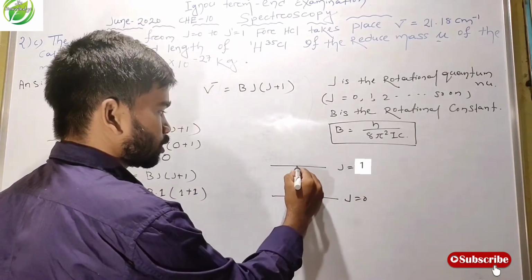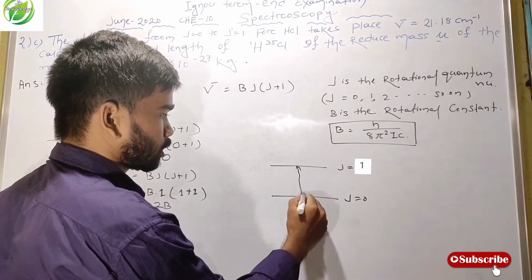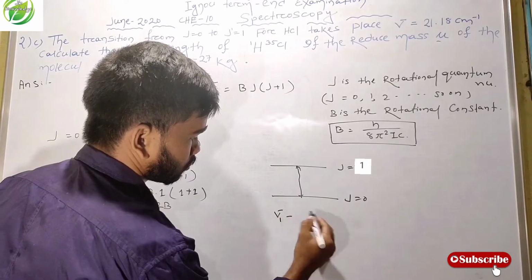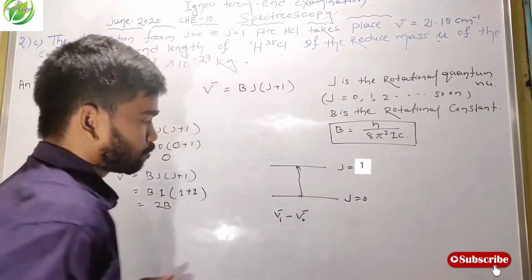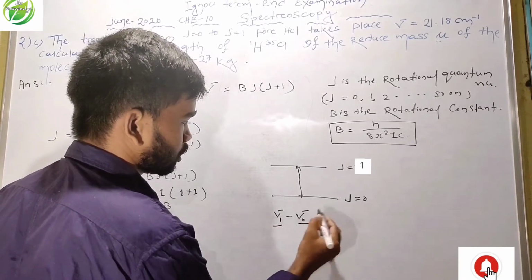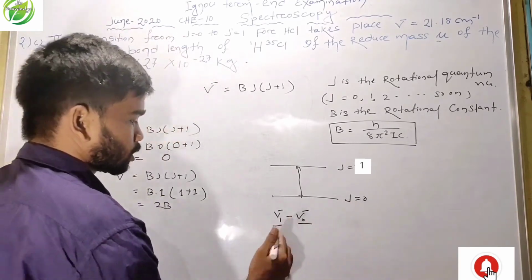The energy difference between the two states is V1 minus V0. This is the higher state, this is the ground state or lower state.